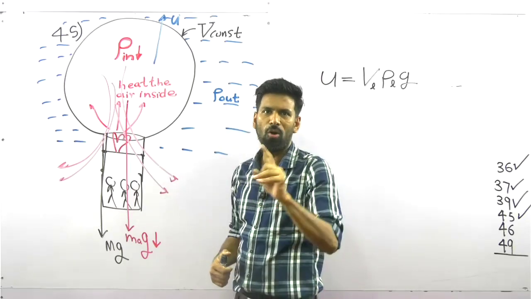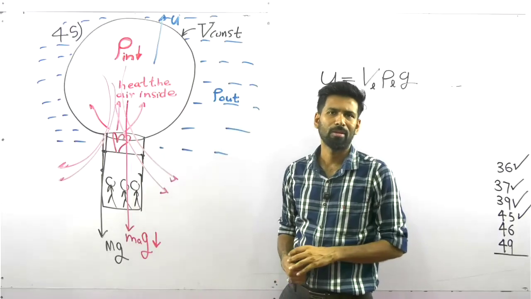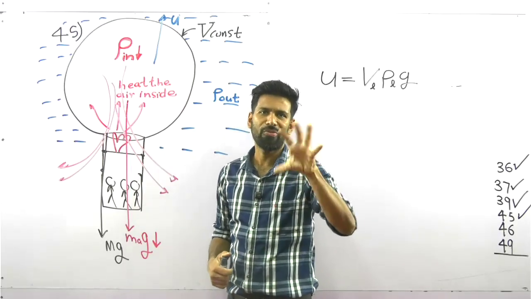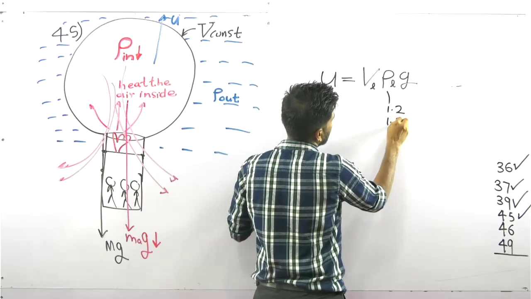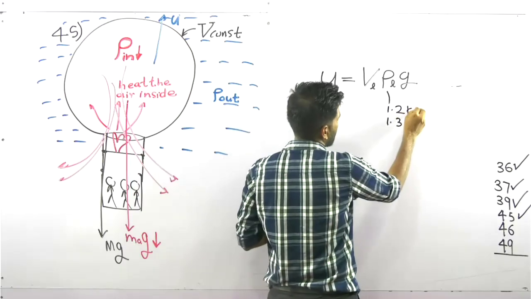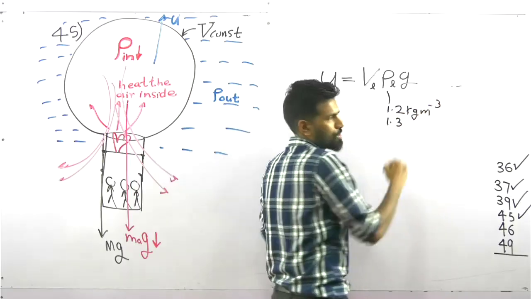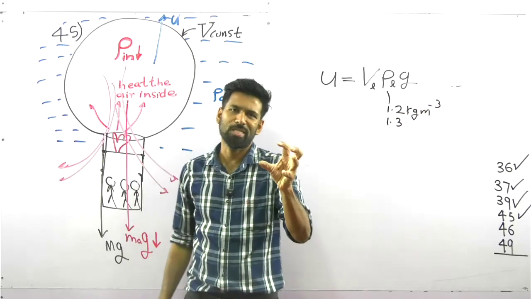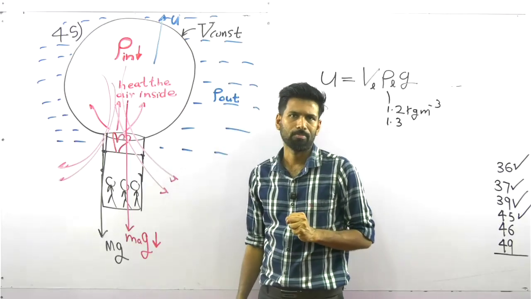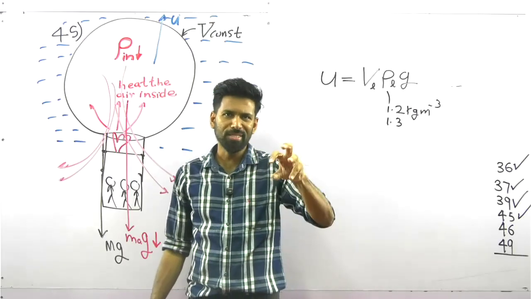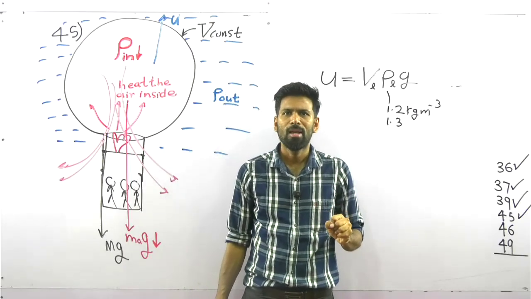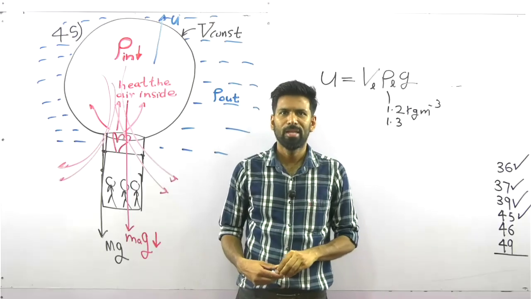So inside water, the upthrust is always considered. But in free air, the density is 1.2, 1.3, a very small value. So for small objects having a very small volume, when placed inside normal air, the upthrust is negligible.